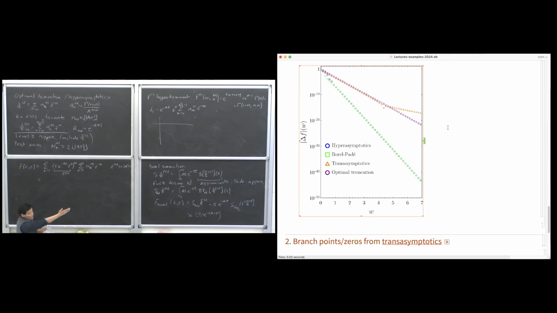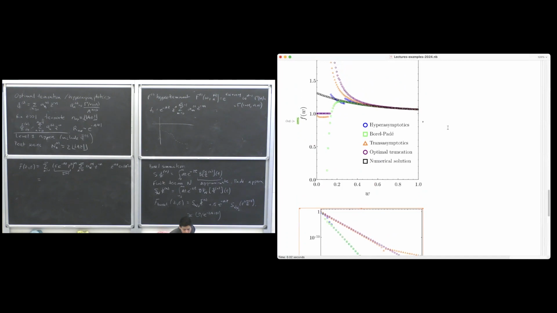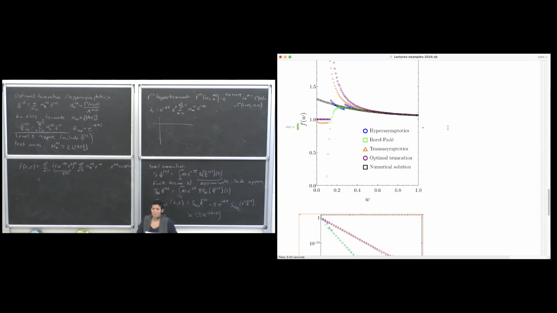Even for these plots, there's W, but that W is the same as my Z, by the way. I'm not going to say that W equals 0.4 is very large.